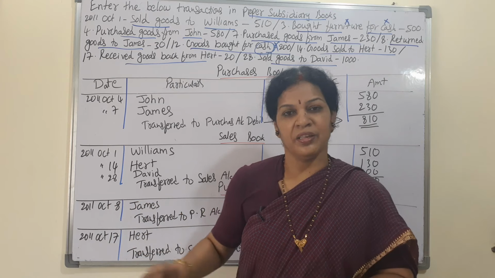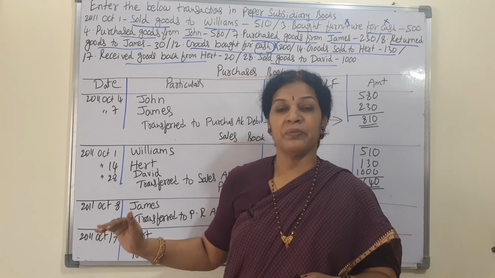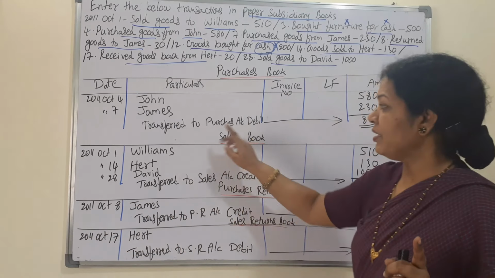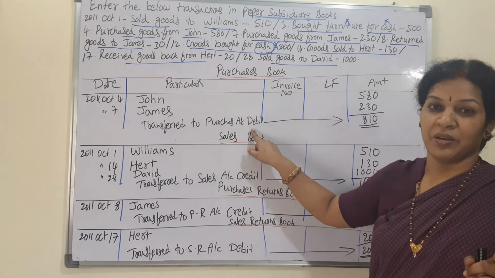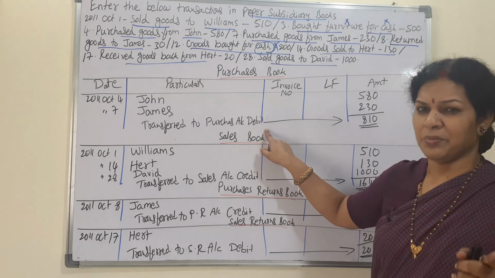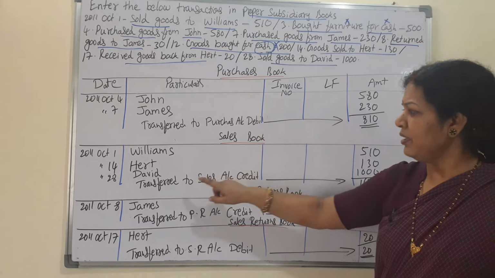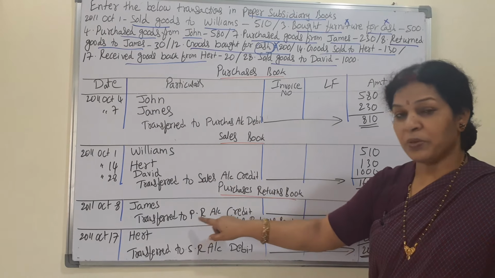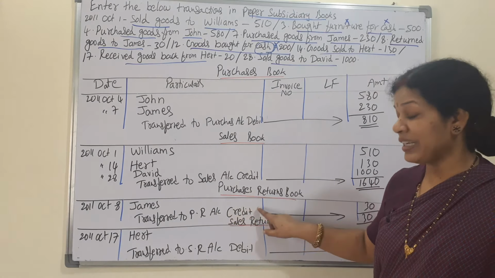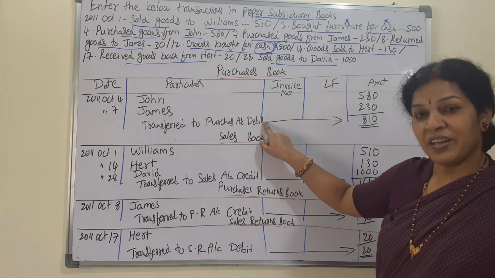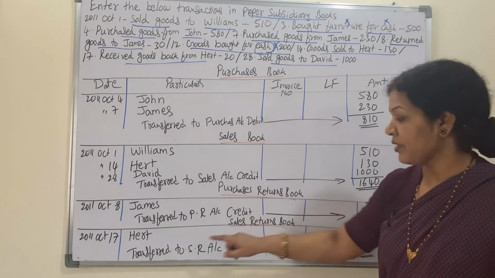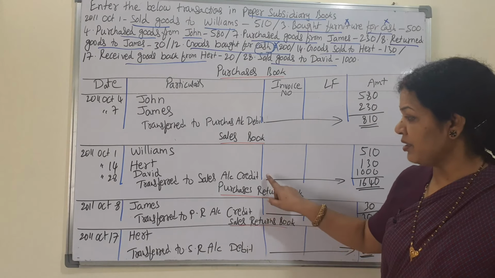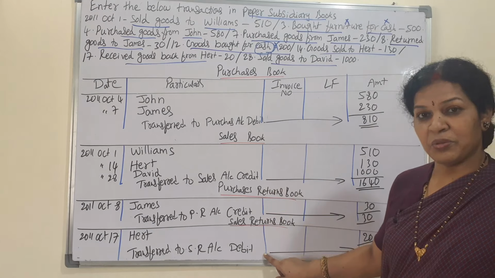At the end we write transferred to so and so account. Here it is transferred to purchases account, debit. In the same way, sales will be credit, transferred to sales account, credit. Transferred to purchase returns account, credit. Why credit? Purchases are debit, so this is credit. Transferred to sales returns account, debit, because sales are credit, sales returns will be debit.